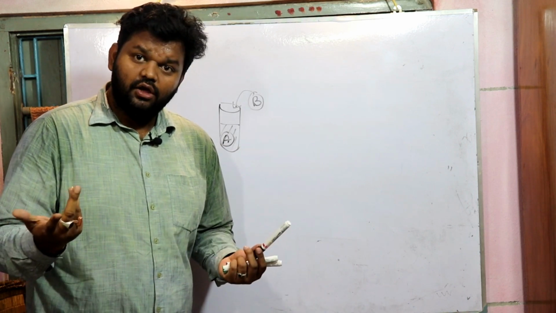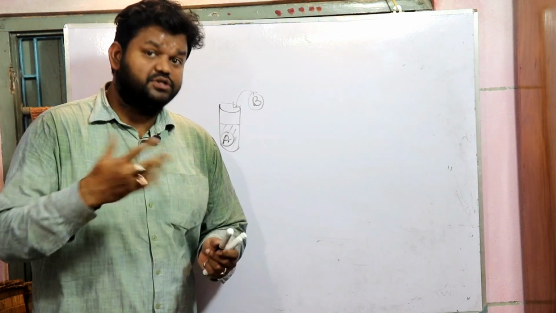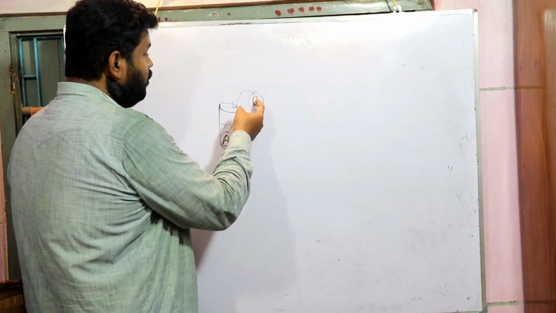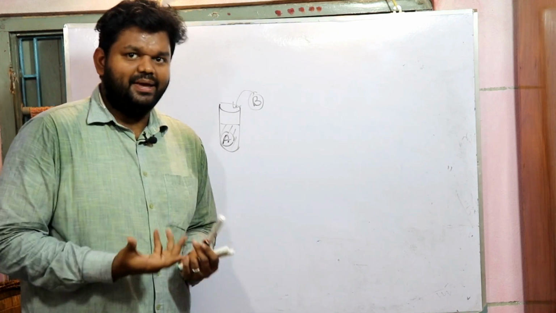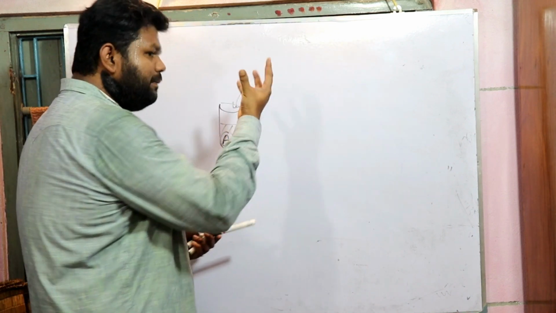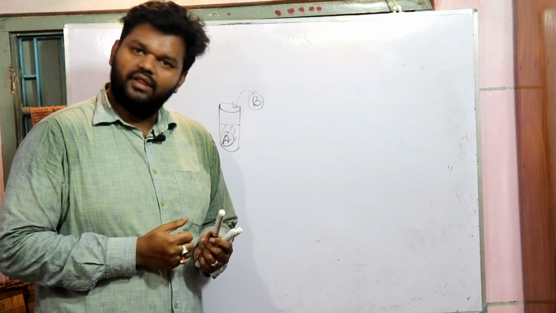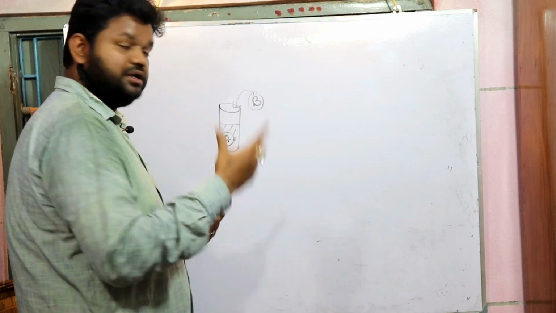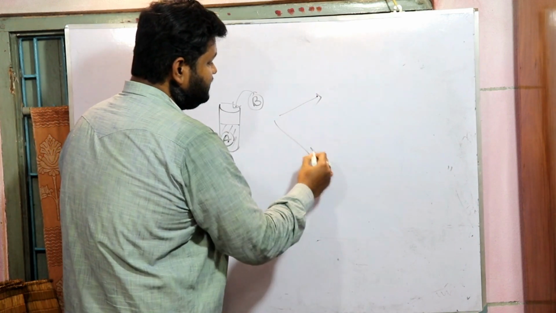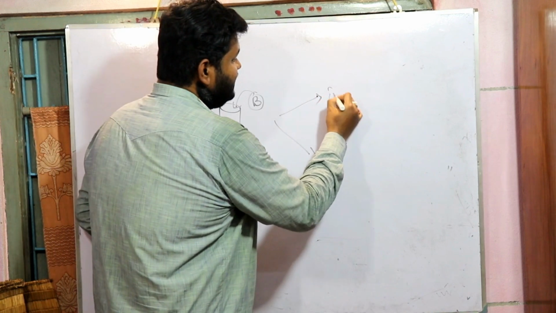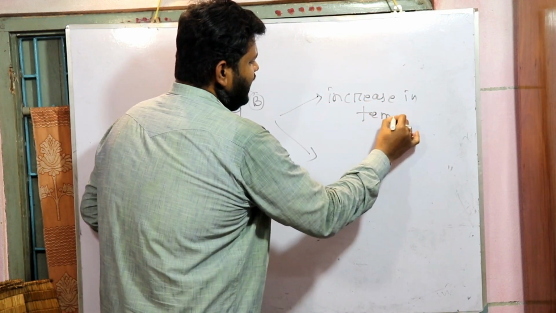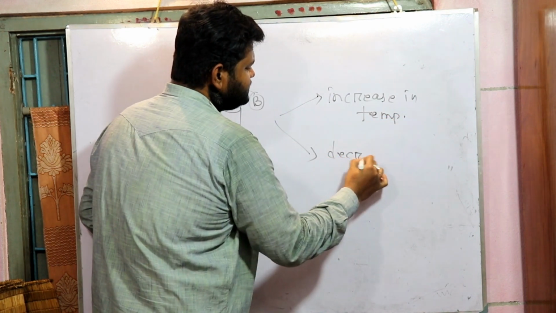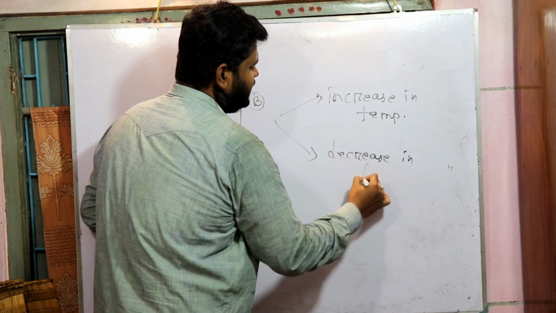It may be possible, or vice versa. That means the opposite may be possible. When we give B to this A solution, maybe the temperature falls down. So two different things may happen. Number 1, increase in temperature, and number 2, decrease in temperature.